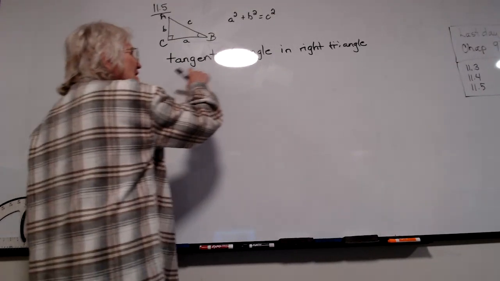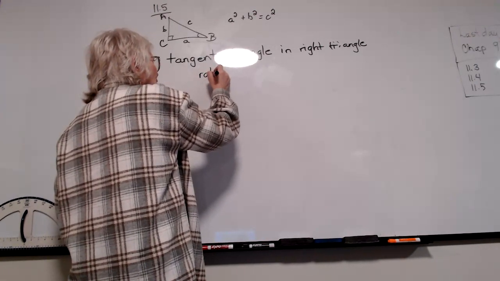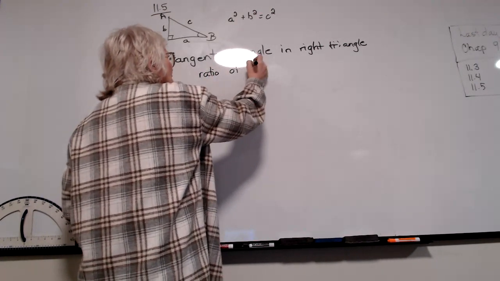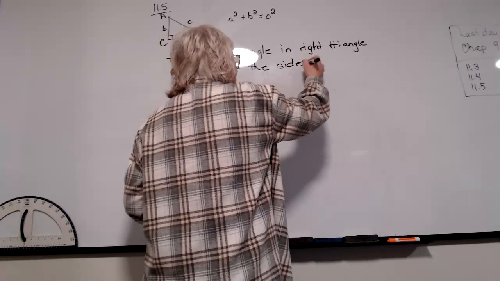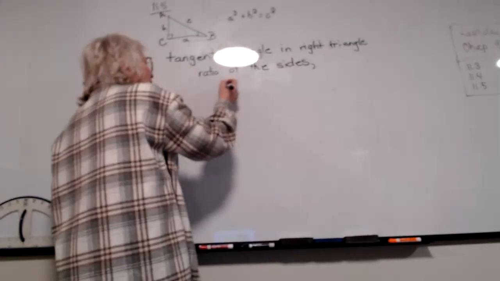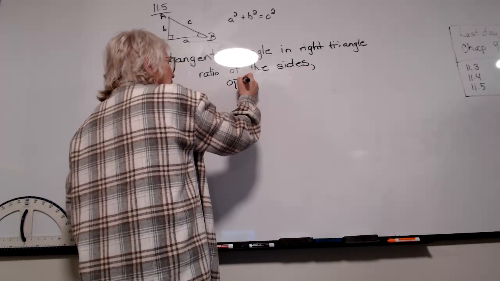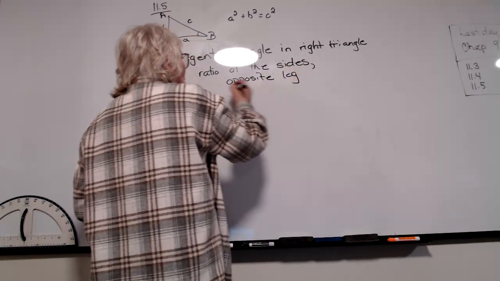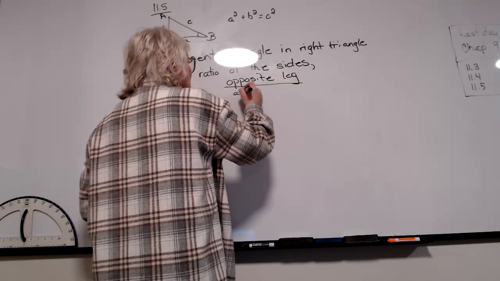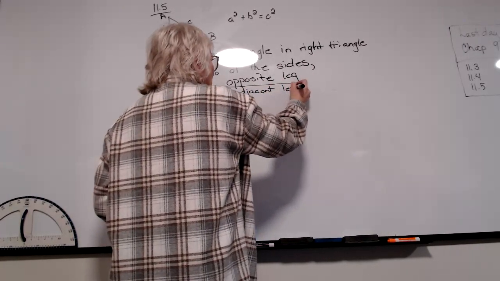So when I take the tangent of an angle, I'm actually getting a ratio of the sides, and specifically the sides of the opposite leg over the adjacent leg.